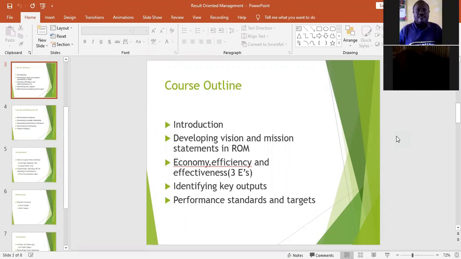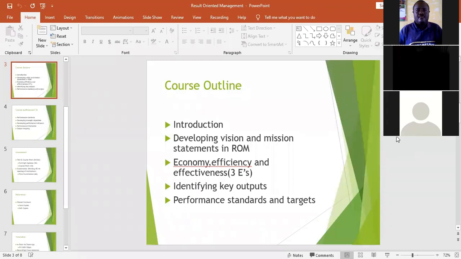Therefore, this definition of ROM emphasizes that resources should be used economically in order to achieve results efficiently and effectively. It focuses on outputs. ROM looks at the end product, outputs, but not procedures or processes.